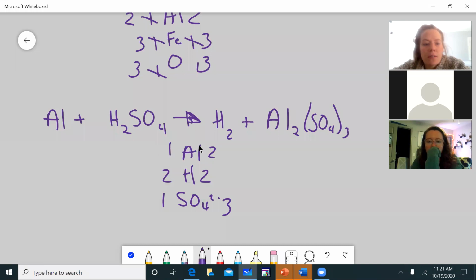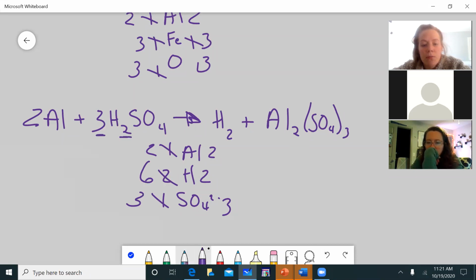I guess we could balance aluminum too if we wanted, so I could put a 2 there. The sulfates, I'm going to put a 3 here. That'll change this to 3. It'll change this to 6 because we take this number and multiply it by this number.